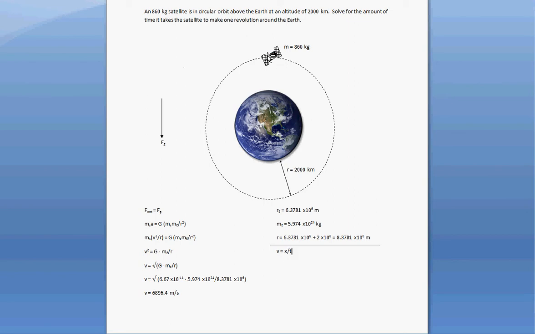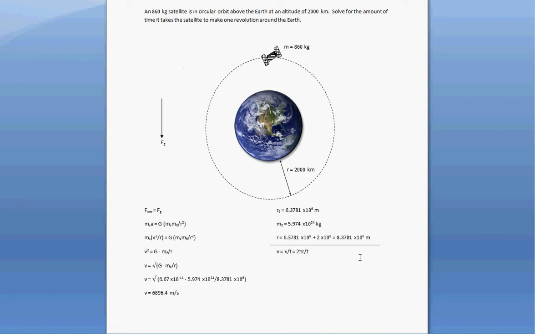The time is the time it takes to go one trip around. Because the satellite is traveling in a circle, the distance is the circumference of that circle. So that is 2 pi r divided by t.